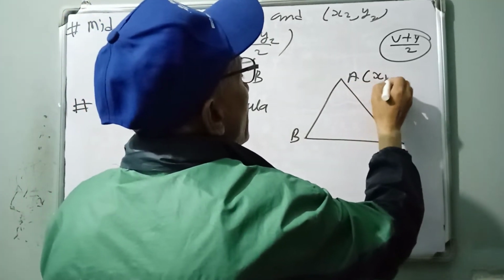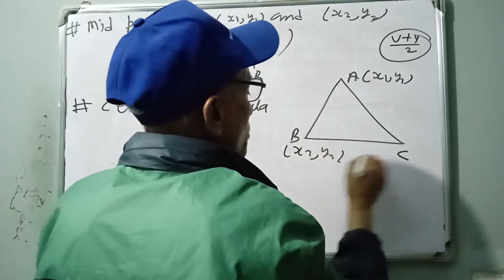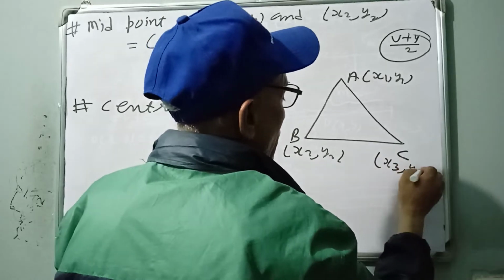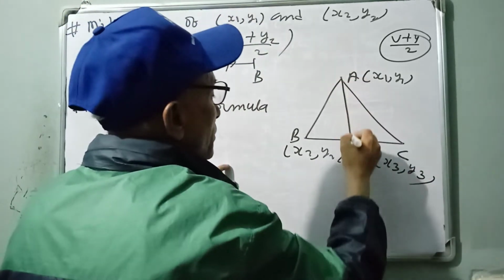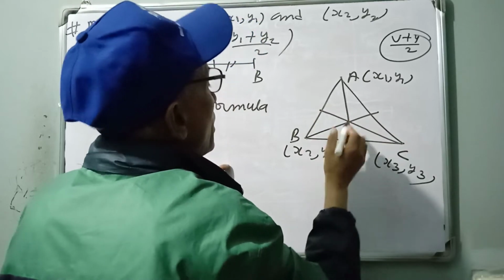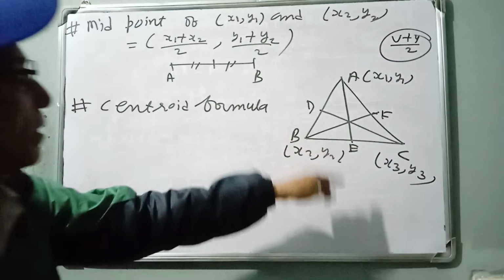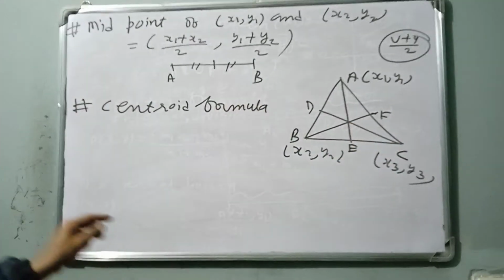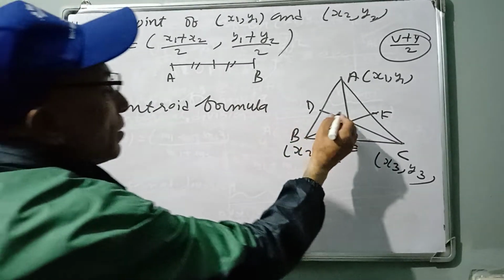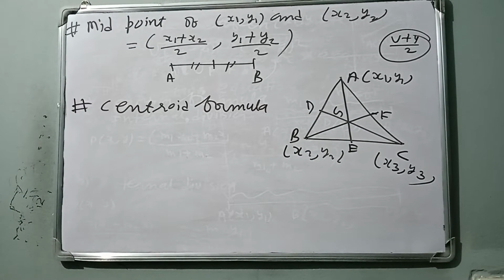Coordinates x1, y1, x2, y2, x3, y3. ABC, D, E, F. AE, BF and CD are medians. So centroid means the point of intersection of all the medians.